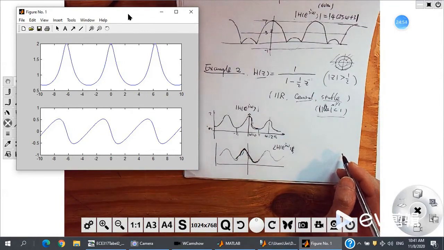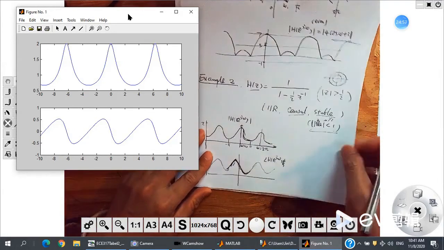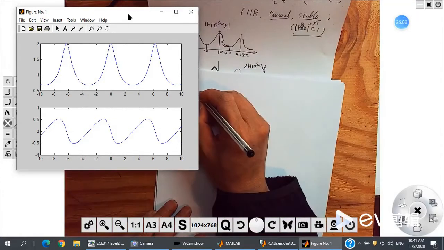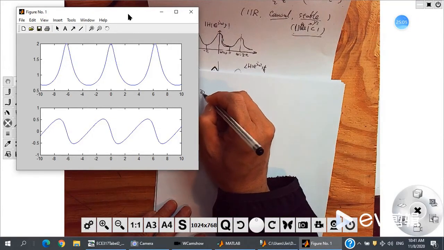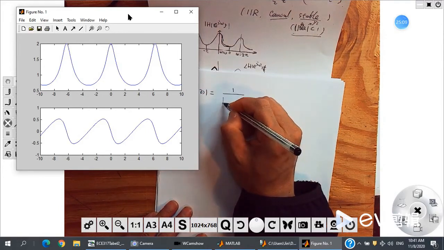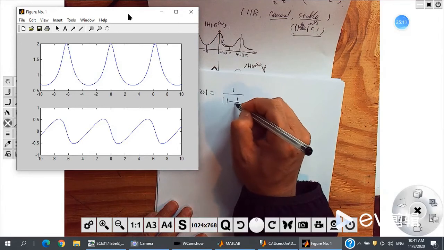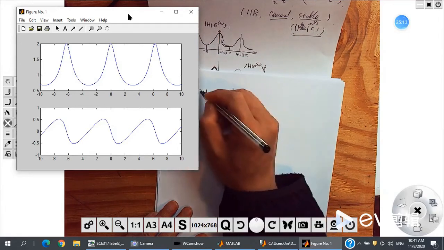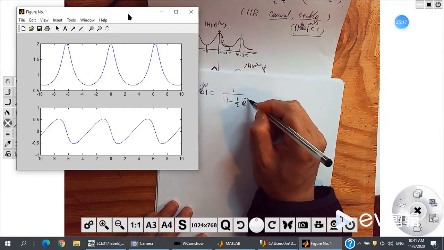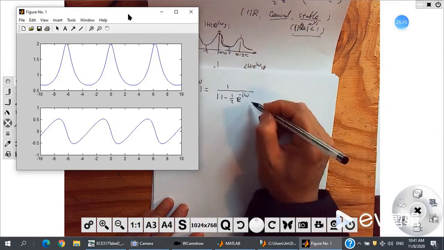Of course, this is just a graph. If you want to know the function, you prefer to give a function, right? So what is the function? You need to work like this. For H of z, the magnitude will be 1 over the magnitude of this term, with e to the negative jω.